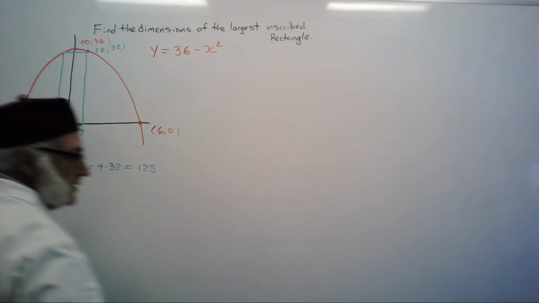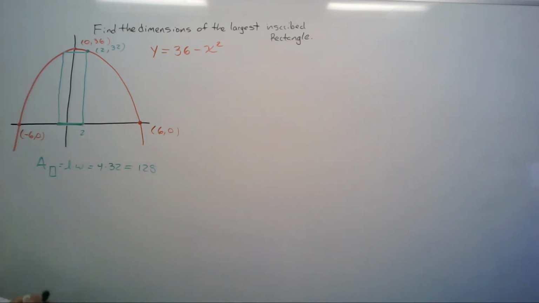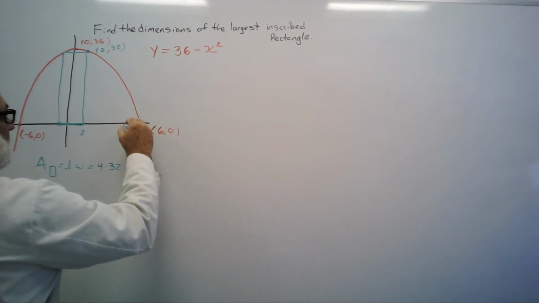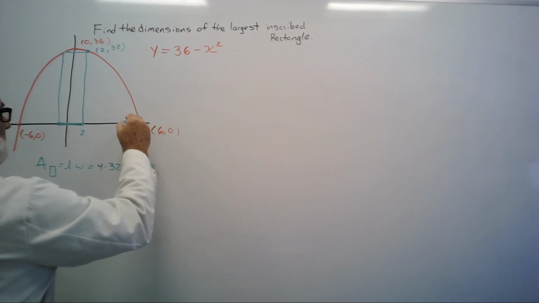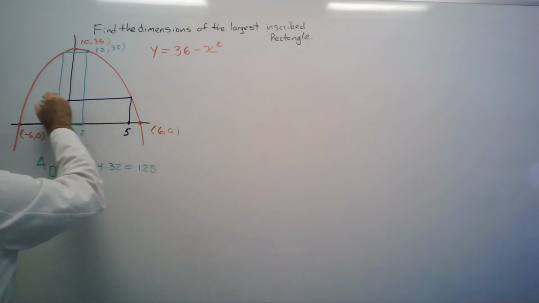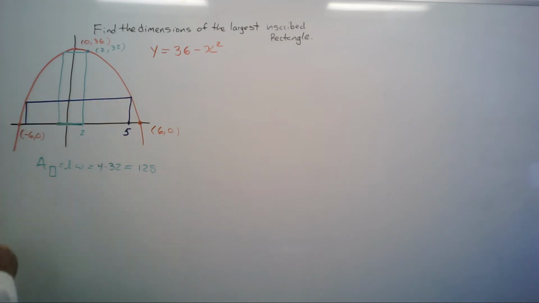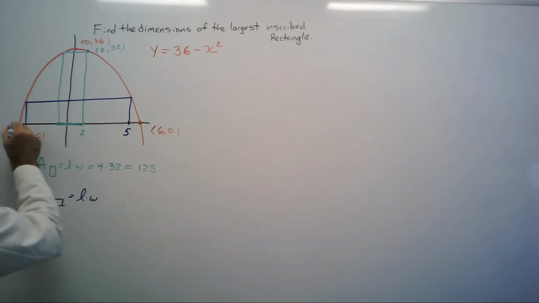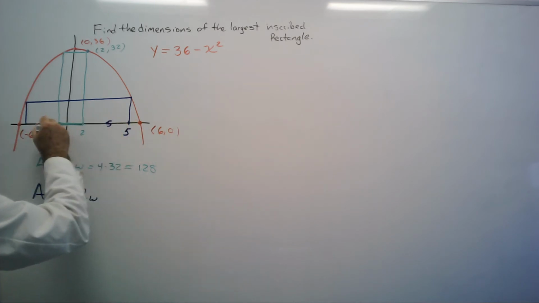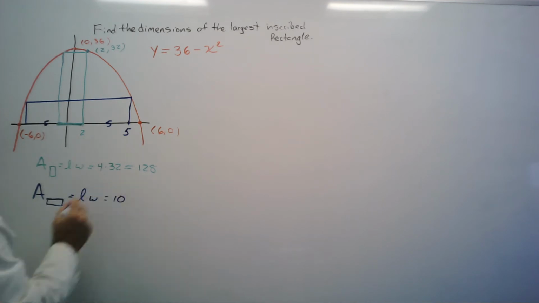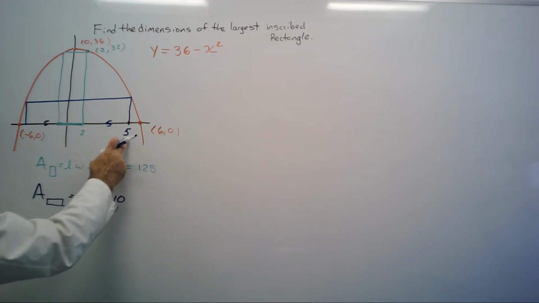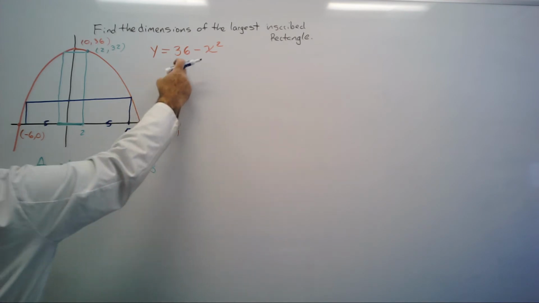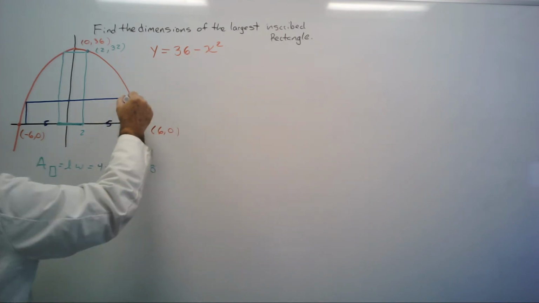If we create a different rectangle, how about if we let x be equal to 5, and we go up and inscribe a different rectangle. The area of this rectangle, of course, will be length times width. The length will be 5 and 5, or 10. If x is equal to 5, 36 minus 5 squared is 11.